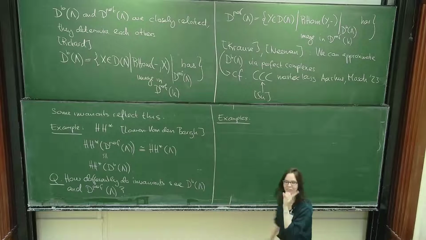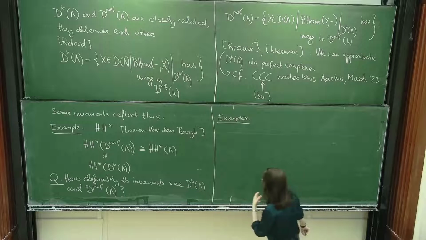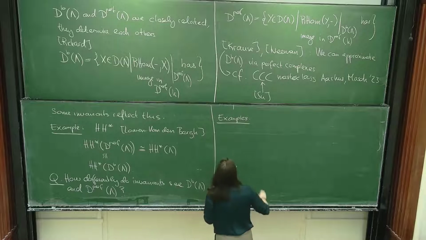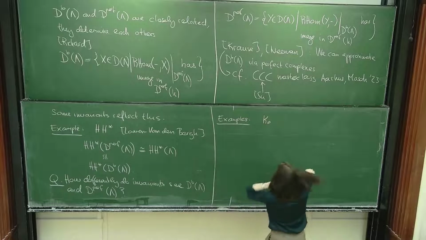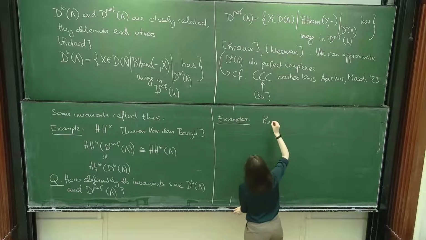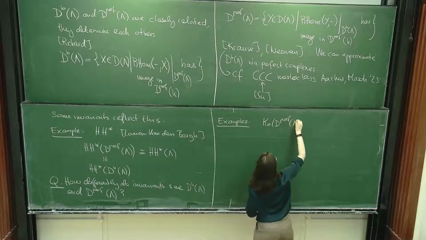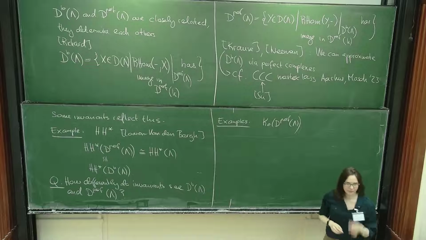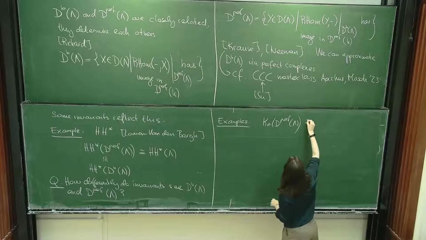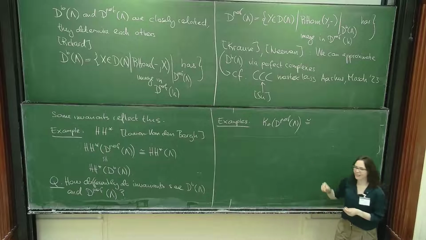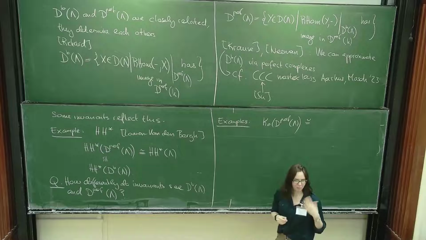So first, let's start with something that makes us a bit more optimistic about the non-distinguishing thing. Let's look at K0 of the perfect derived category. What is that thing? Well, the perfect derived category is generated by lambda, or by all the indecomposable projectives.